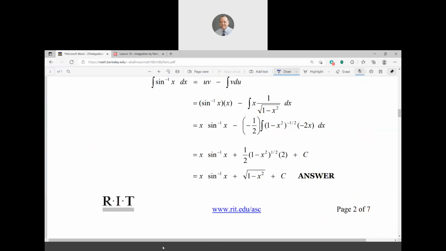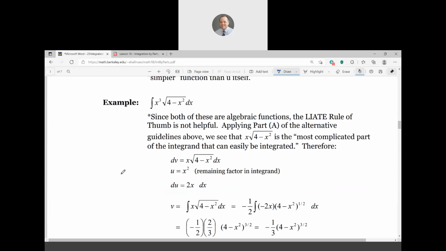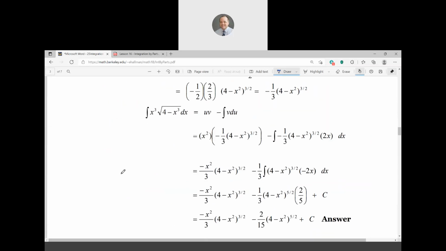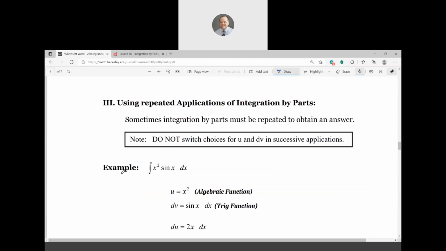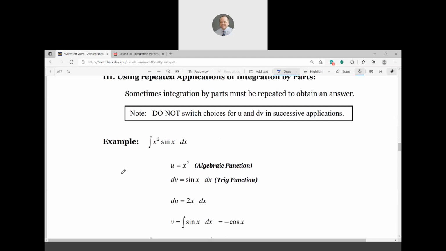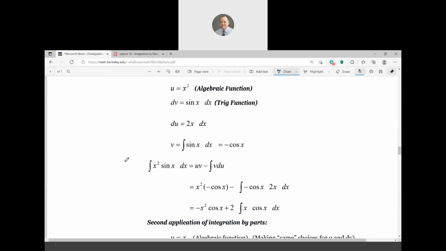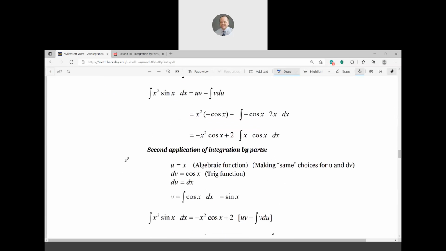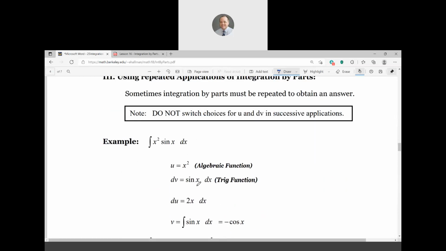Let's look at another problem where you have to use integration by parts. And let's try this one. Yeah, this one's a little challenging.